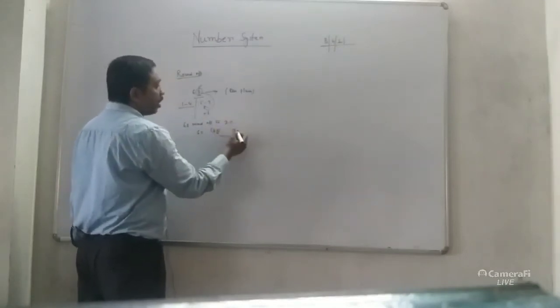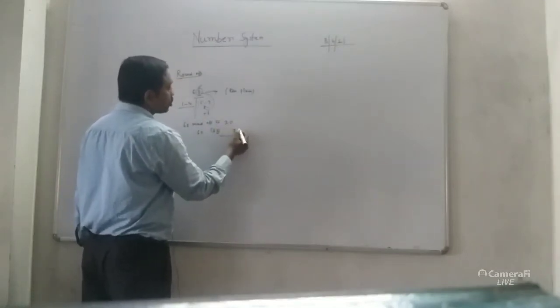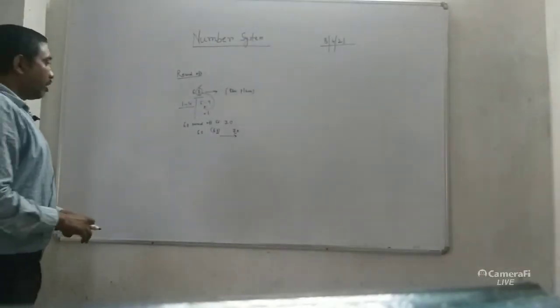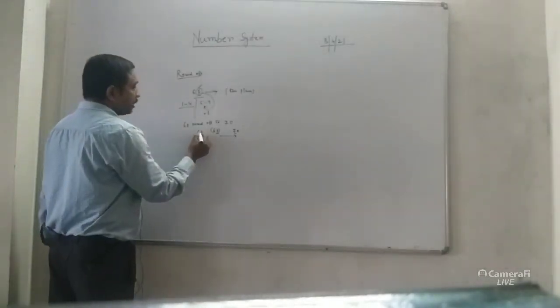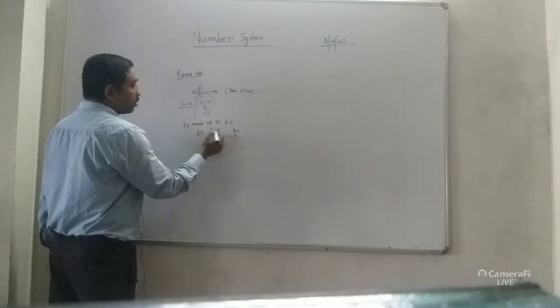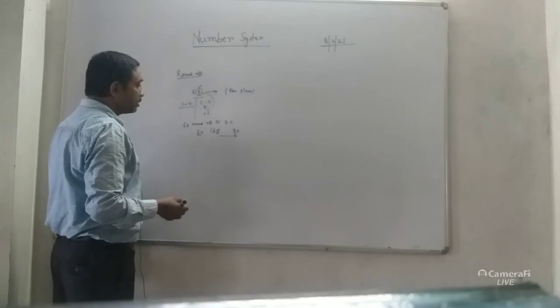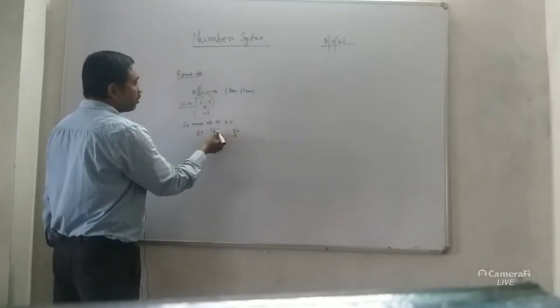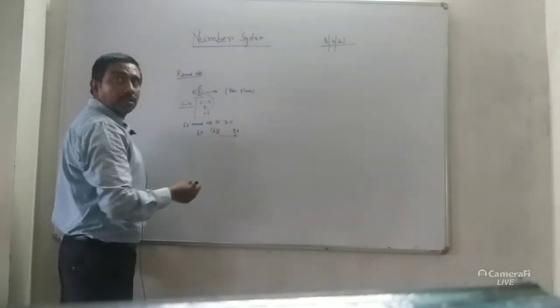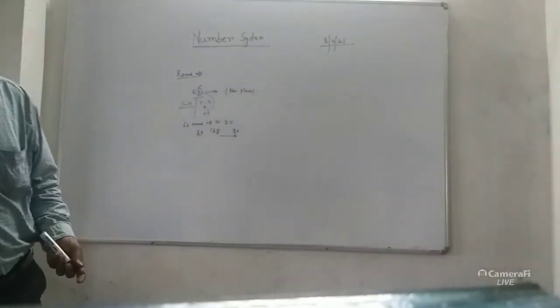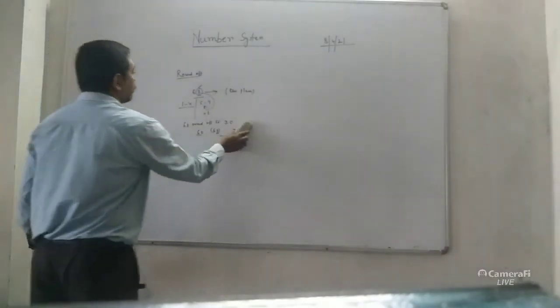Round up means zeros always come after the digit. That is called rounding up. Why? Because look, 6 after 1 is 0 and 7 after 1 is 0. These are two round up figures. Why do I say round up figures? Because they have 0. Now 68 has the tendency to go in this direction. This is the round up process.